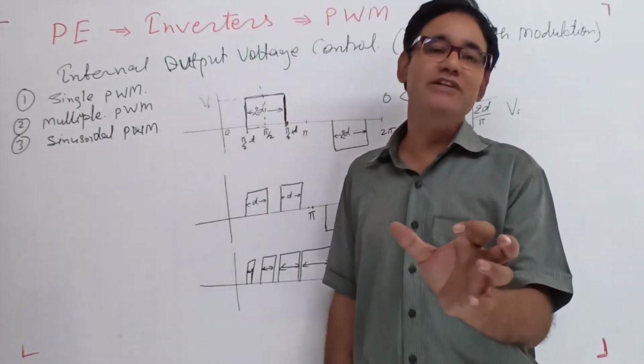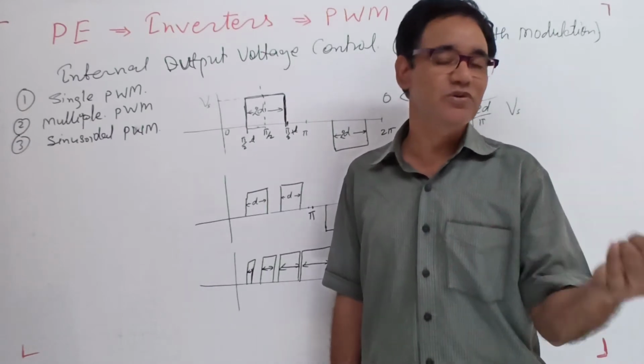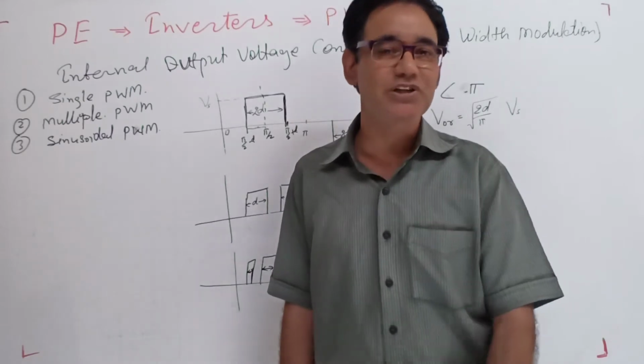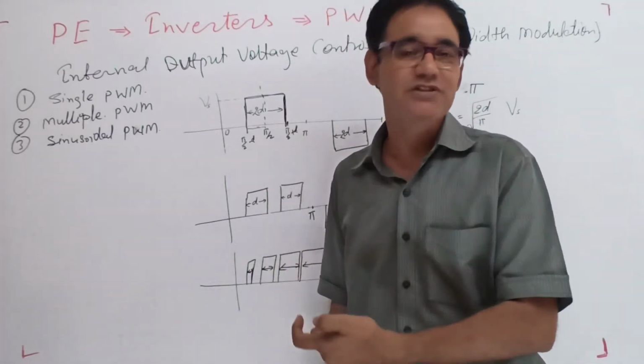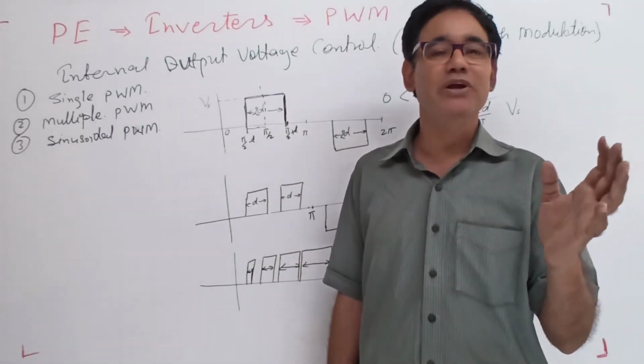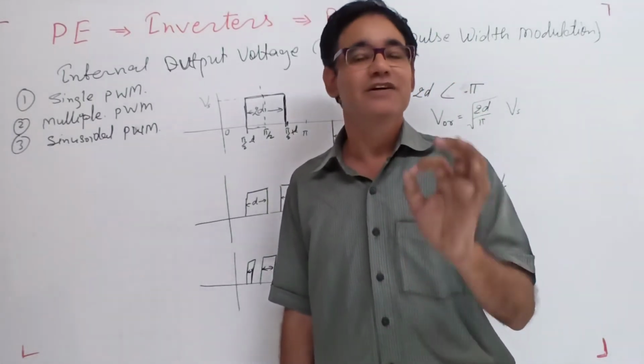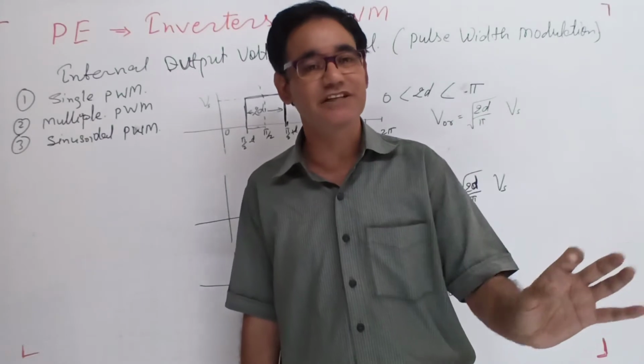So the low frequency harmonics can be filtered out by a technique using a number of pulses and by varying the pulse width, which we'll discuss. And higher order harmonics can be easily eliminated by the filter design.